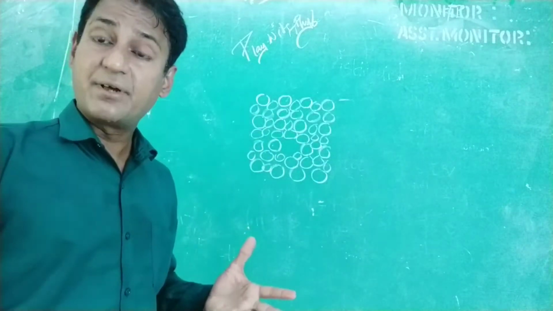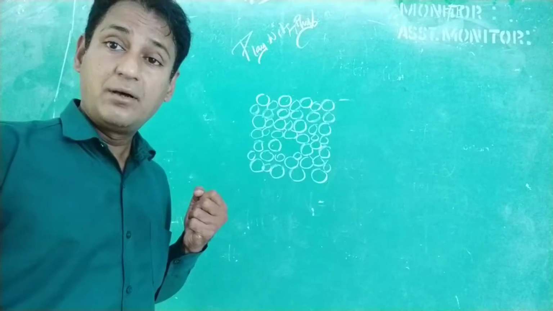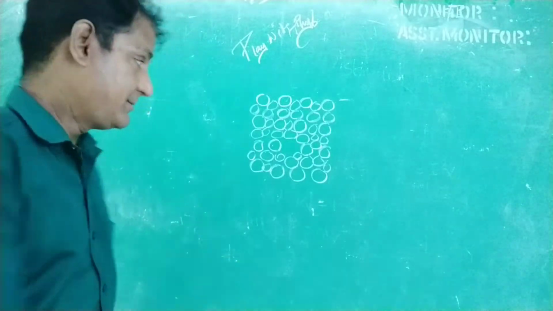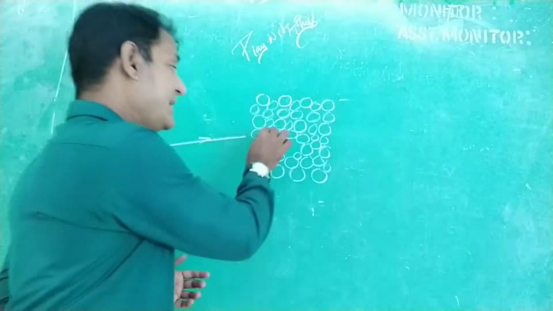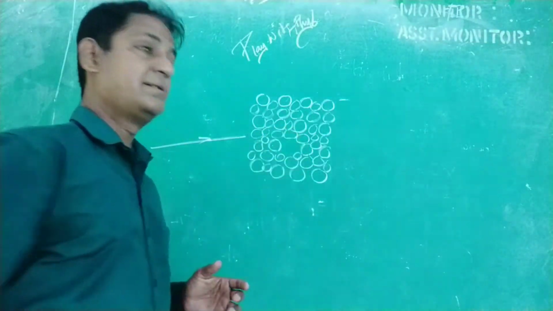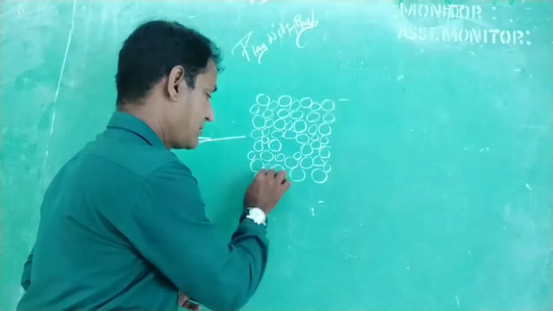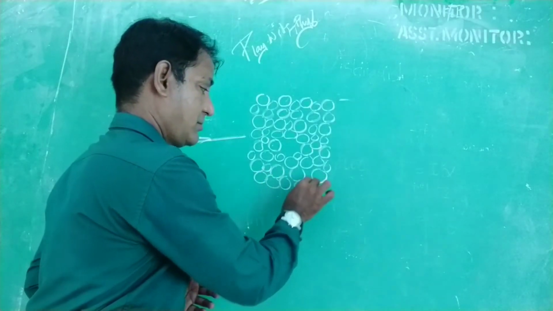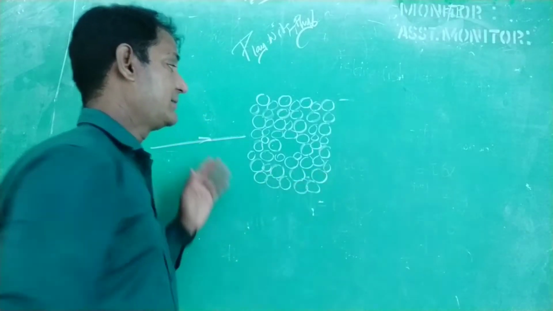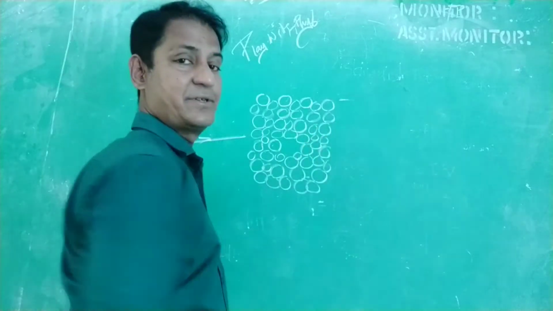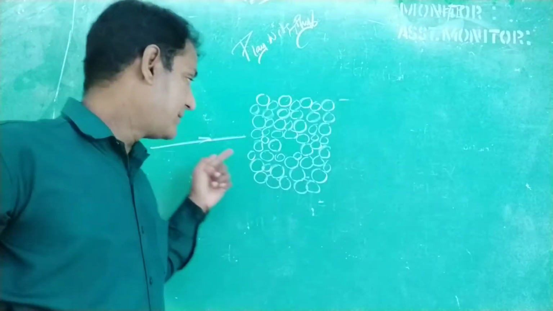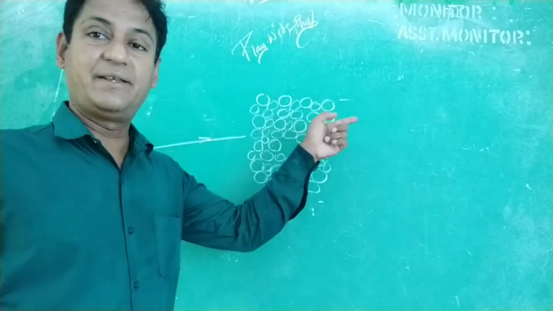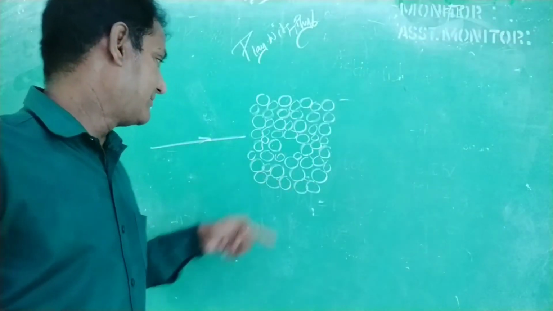A person is running with a greater velocity, so he needs some space to enter here and then come out. Can he enter straight? There is no possibility of entering here or here.